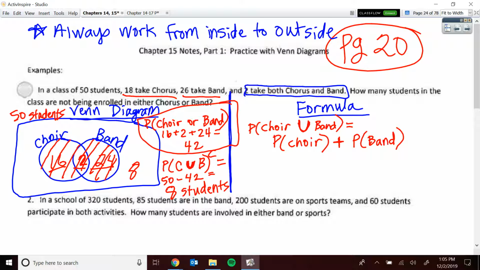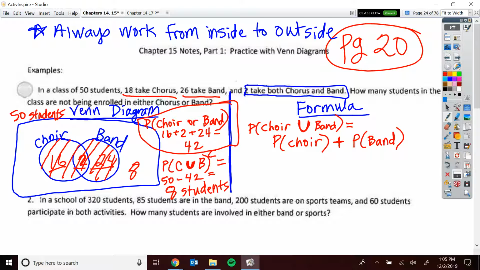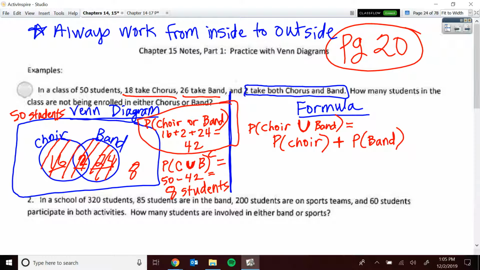Remember, like American or German, having an American or German car? So what is problematic if I added together the 18 in choir plus the 26 in band? You counted these two students how many times? Twice.